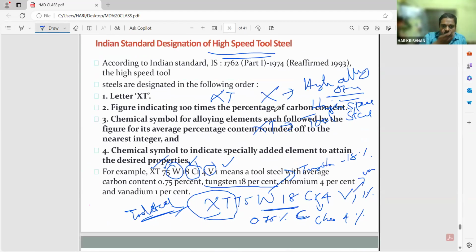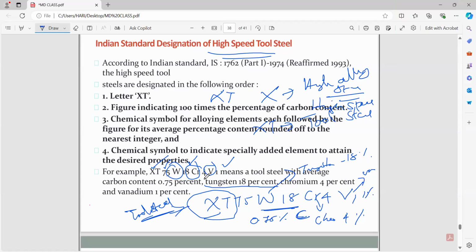So XT75, W18, Cr4, V1 means XT, high speed tool steel, 0.75 percentage of carbon, then tungsten 18 percentage, chromium 4 percentage, and vanadium 1 percentage. This is how it will be going. Okay, I think the concept is clear.